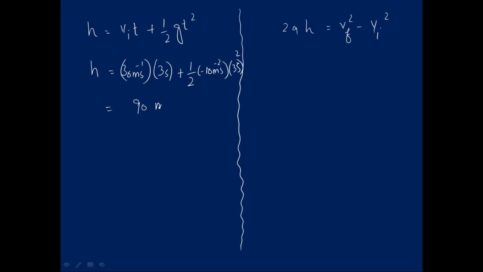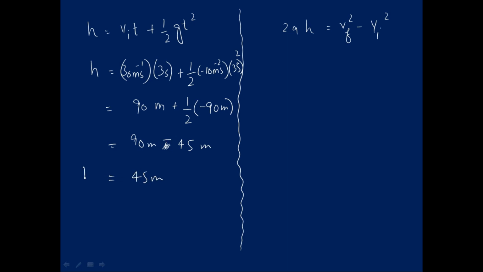So it is 90 meters plus half of minus 90 meters. 90 meters plus 45 meters, sorry, this sign is negative, not positive, because this negative and this positive convert this to the negative.